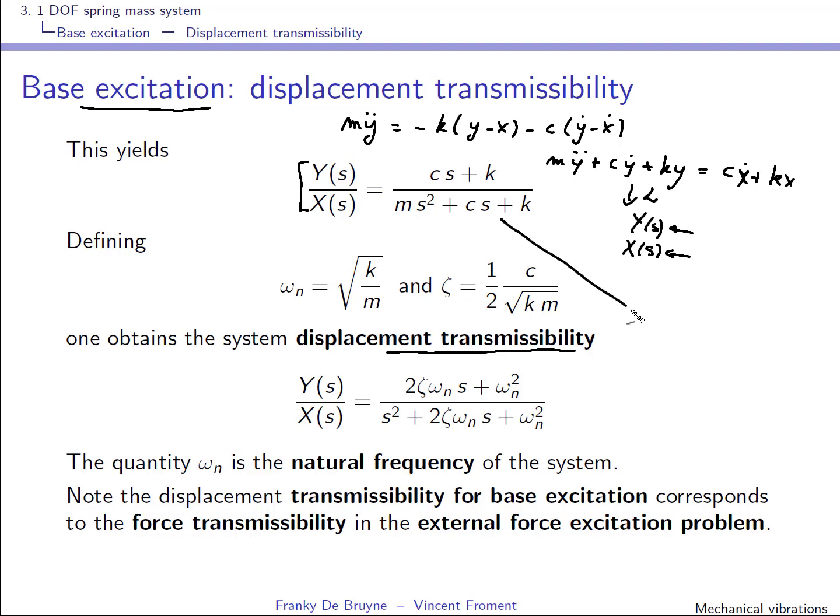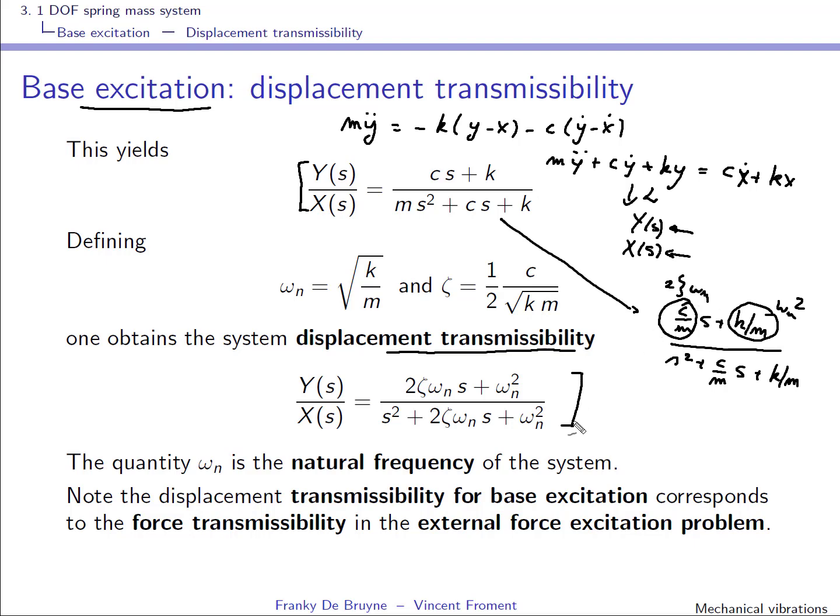If you divide by m, this becomes (c over m s plus k over m) divided by (s squared plus c over m s plus k over m). This is omega n square, and this is 2 zeta omega n.